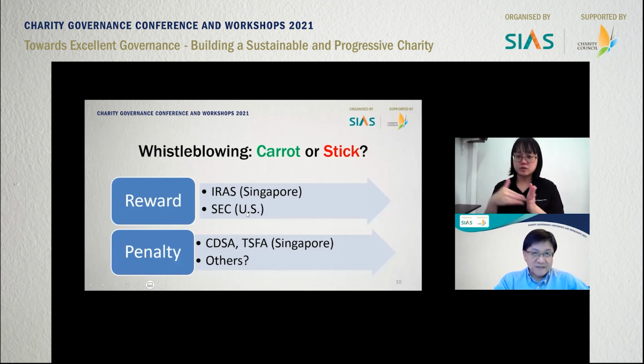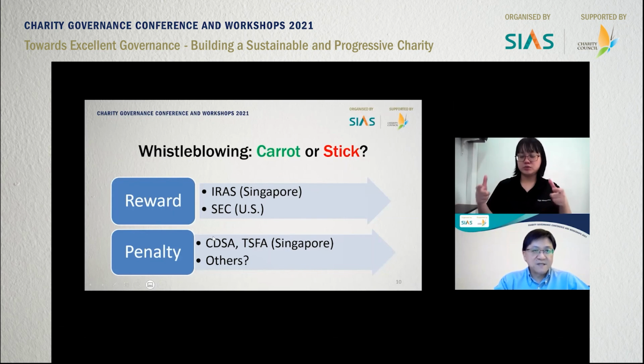In the US, the Securities and Exchange Commission even offers a reward of up to 30% of the recouped amount. In this case, the largest amount ever awarded was 30 million US dollars, and this was awarded to someone outside the US. So imagine that, a huge sum.